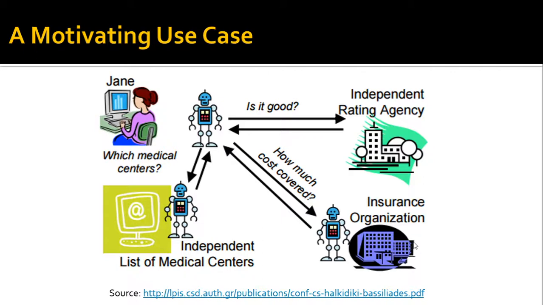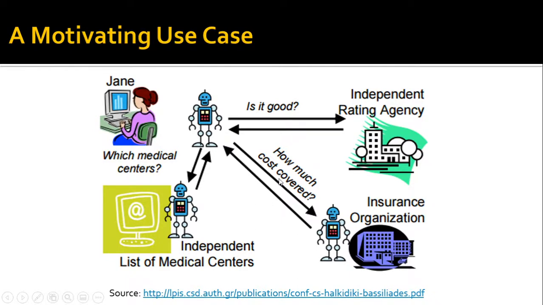So they might not be covered under insurance. Getting that list from another agent, it asks the agent of the insurance organization how much of the costs of these independent medical centers are covered under the insurance, right?